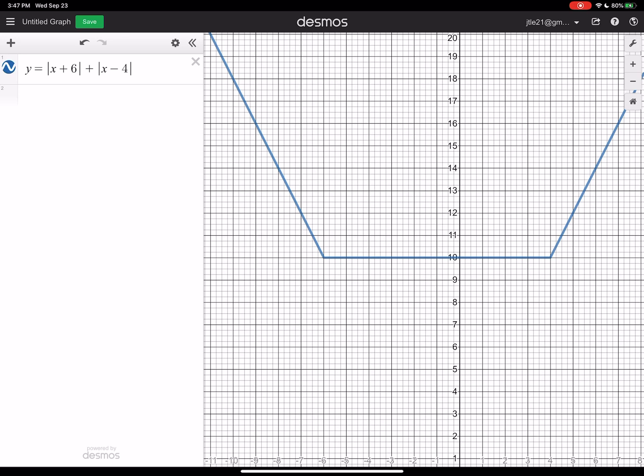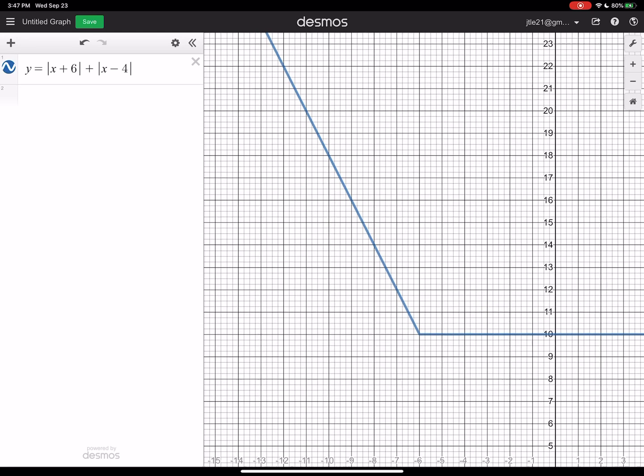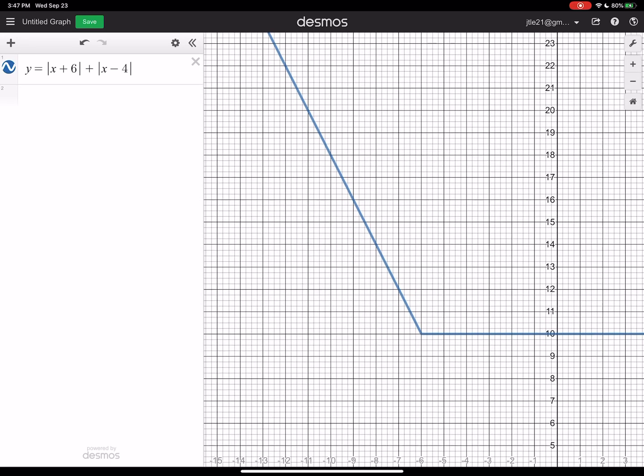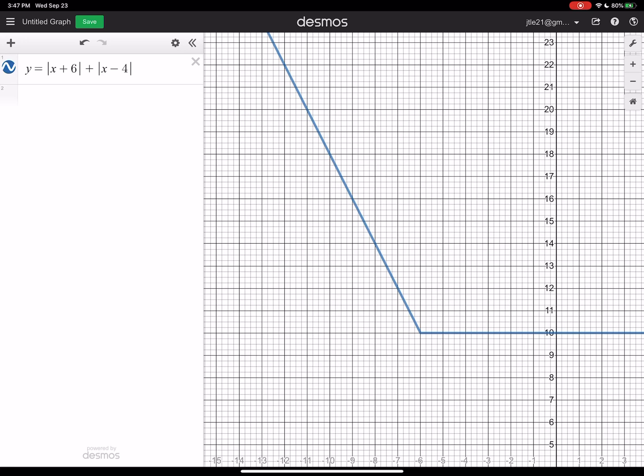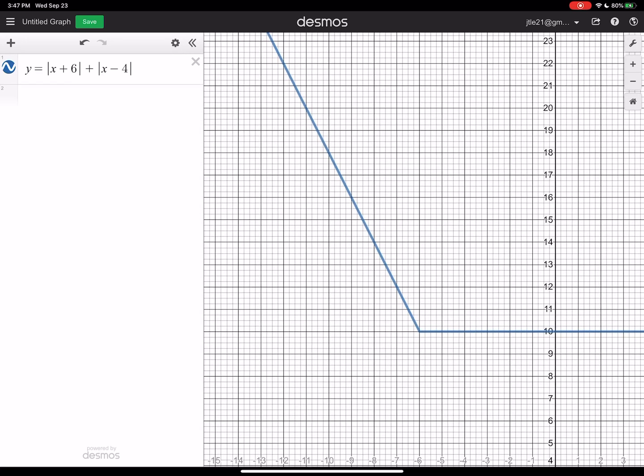All right? So let's use some words here, okay? When we follow the graph, starting from the left, let me see if I can pick a point here. Starting from, let's say somewhere up here towards the left. Now I could start even further to the left, but I'll start here at negative 12.47. If I walk towards the right, is the graph increasing, decreasing, or constant?